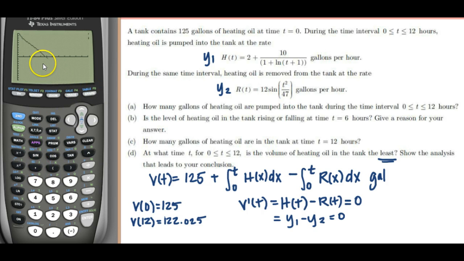So this function that's being graphed can be thought of as v prime of t. Now remember, we're trying to find the least amount. So we're trying to find a minimum. So on this graph, this is a derivative. If the derivative changes from positive to negative, the original function goes from increasing to decreasing. That's a maximum. So in other words, I do not care about this critical point right here.